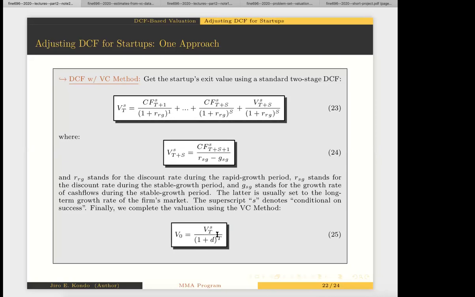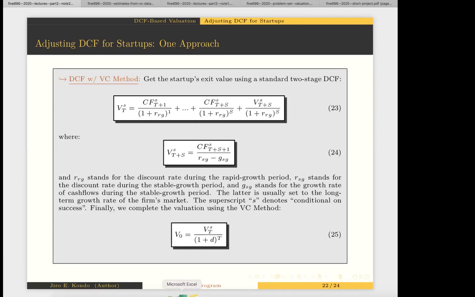So maybe I should have said in this formula plus cash at time 0, which is cash post fundraise if the company is raising capital. Not an issue in the example that I'm discussing right now for SecureTech, because I don't mention anything about cash. If I don't mention cash, assume the company has no cash. But if the company has cash, just add it to this number from the VC method calculation here.